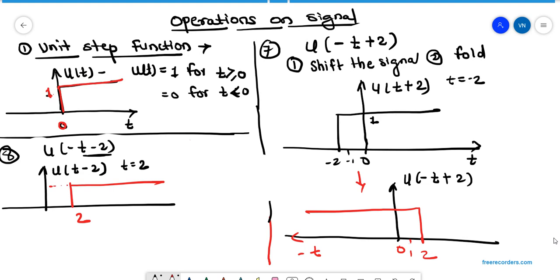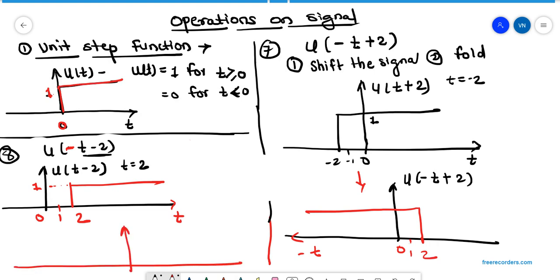Again the amplitude stays the same, 1. After that, fold that signal. So how do we fold it? Directly, we write a mirror image.